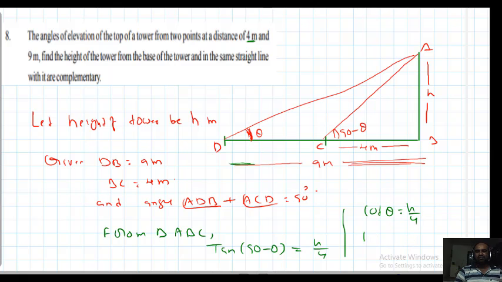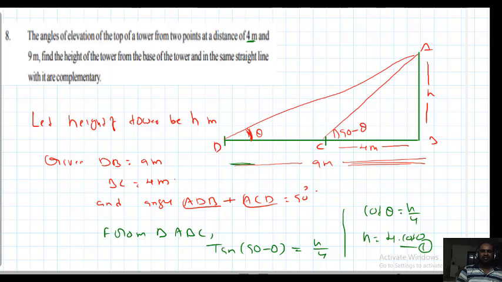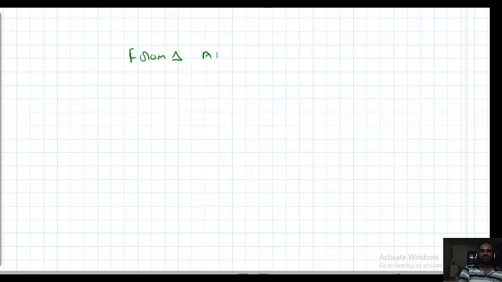You want H, so H equals 4 cot theta. Equation number 1. From triangle ABD, tan theta equals H by 9. So H equals 9 into tan theta, sorry, I got it wrong here.